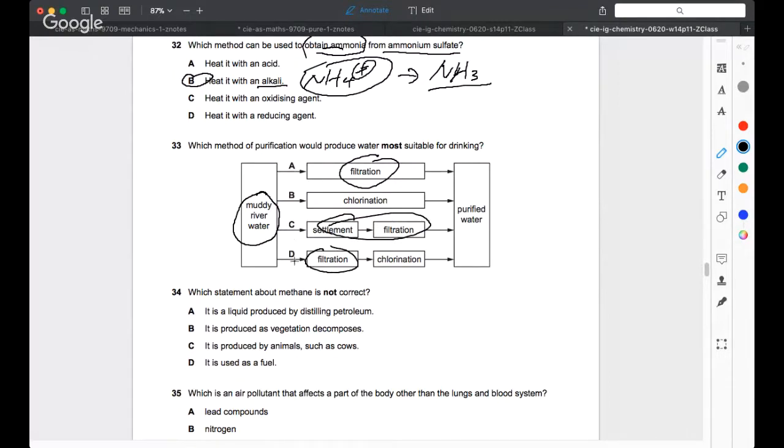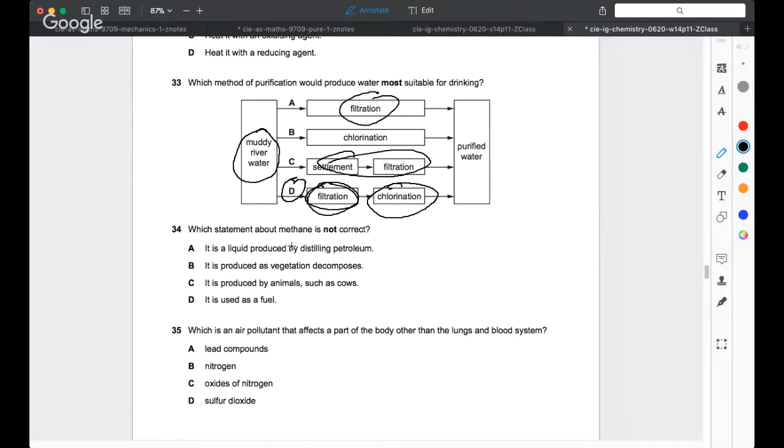So A, C, D. And the next step, we need to do a chlorination to get rid of the bacteria or other microorganisms in the water, which will be harmful to us. So we need both the filtration and the chlorination. So the right answer is D.